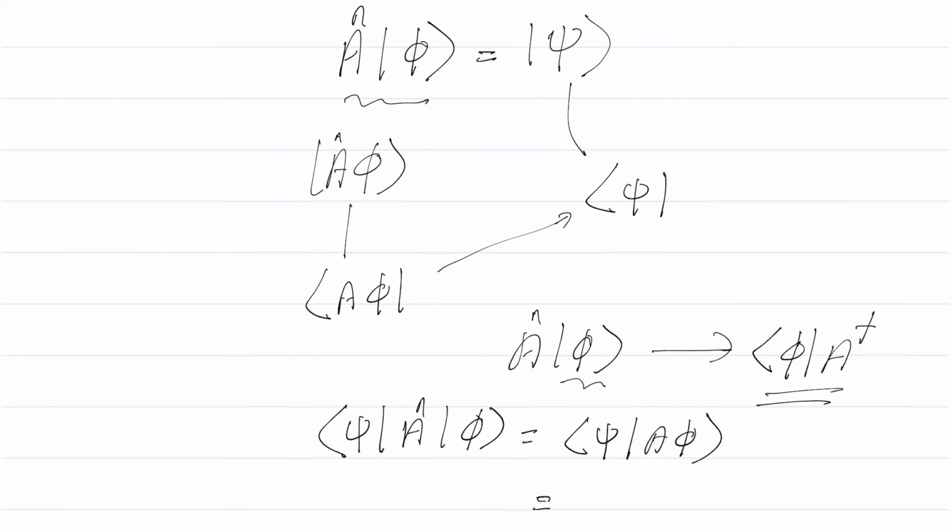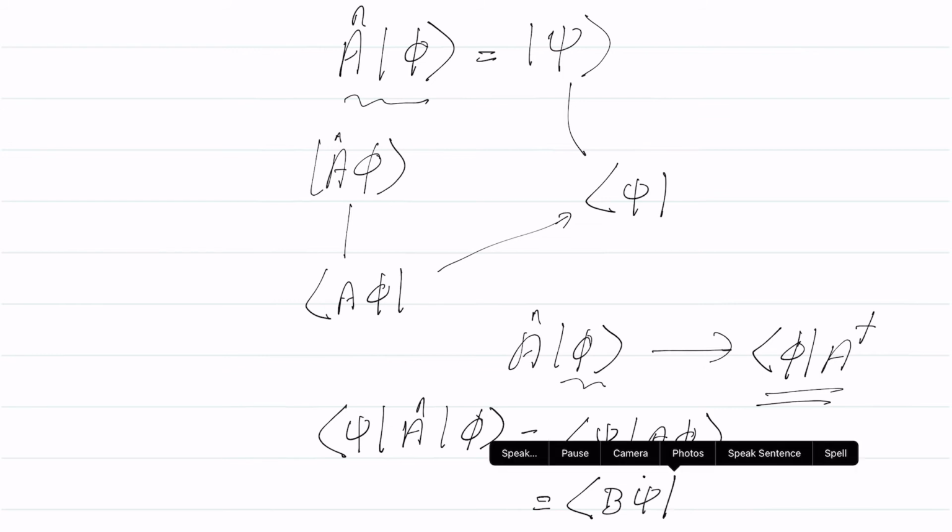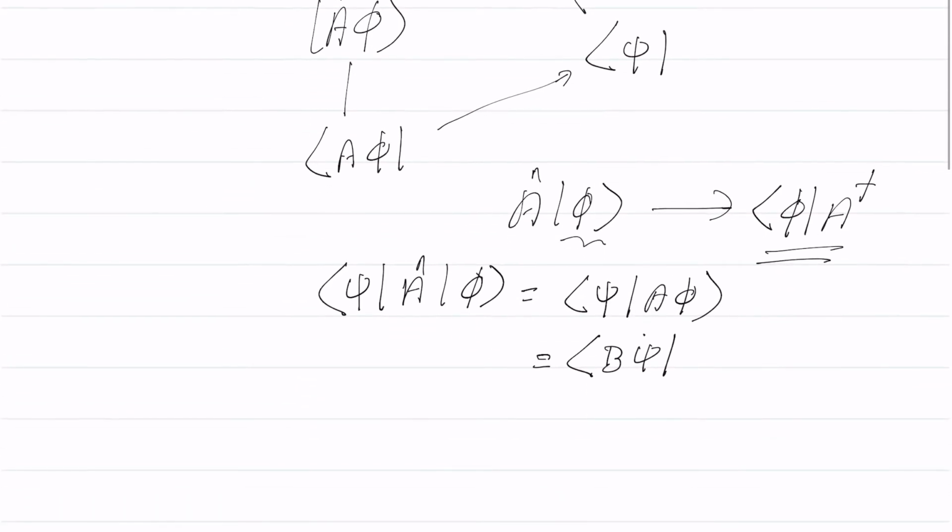Suppose this is equal to some operator acting on bra psi, that is B psi, with phi. Then this B is nothing but the adjoint operator A dagger.